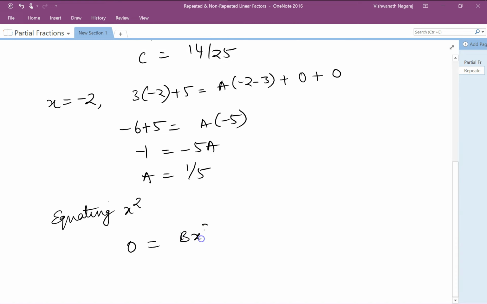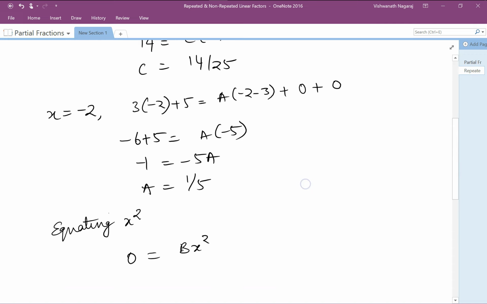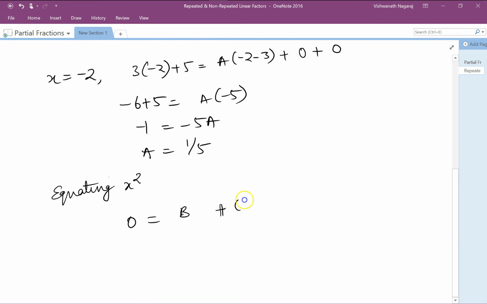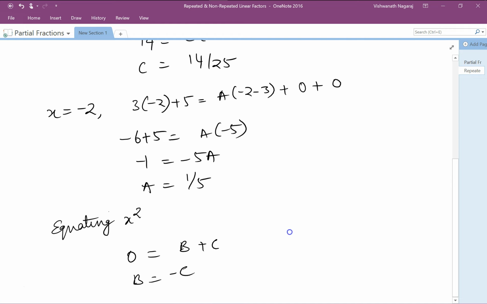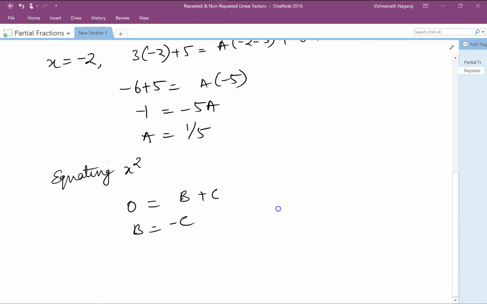So bx square and cx square. So we are interested only in the coefficients. So let's write it as b plus c. So which means b is equal to minus c. But remember, we already know c. So b is equal to minus 14 by 25, right?